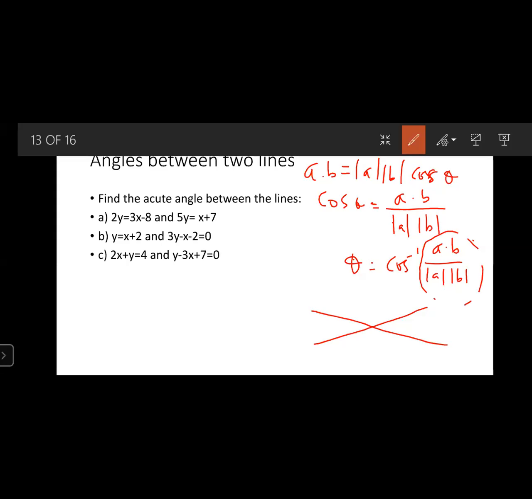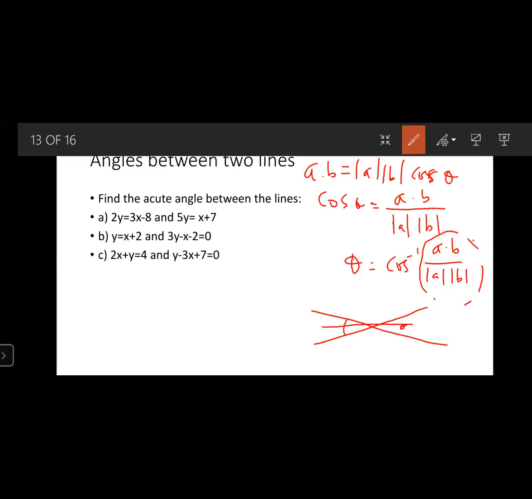If they ask you what's the angle between the two lines, that question is even ambiguous. When they say just find the angle between two lines, it's ambiguous because in this line now, this is an angle between the two lines. And it's the same thing as this one. They are the same thing.